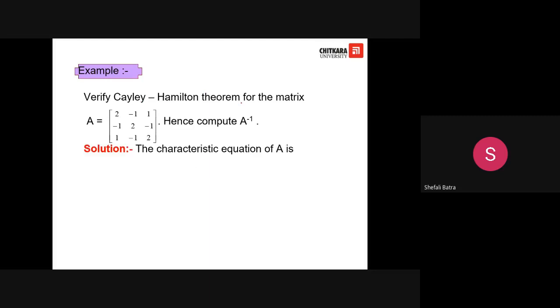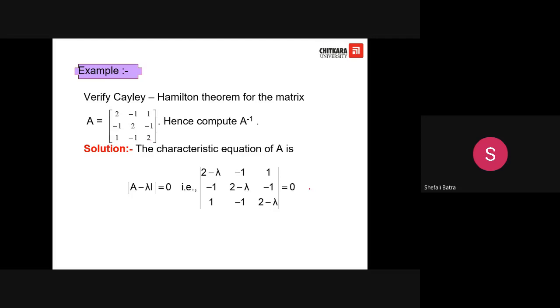For verifying it, we need the characteristic equation. So we make the A minus lambda I matrix and take its determinant equal to 0. You subtract lambda from the diagonal entries: [2 minus lambda, -1, 1; -1, 2 minus lambda, -1; 1, -1, 2 minus lambda].